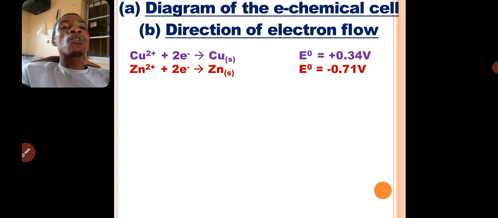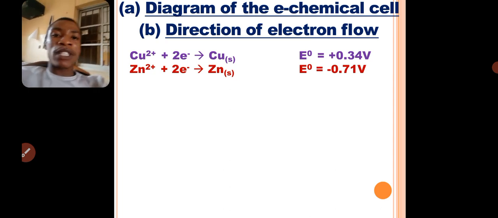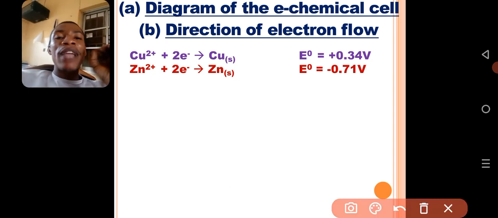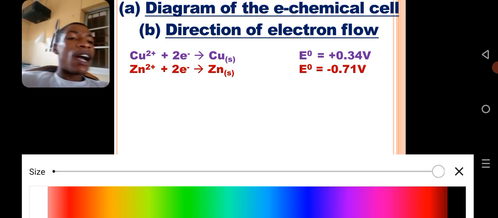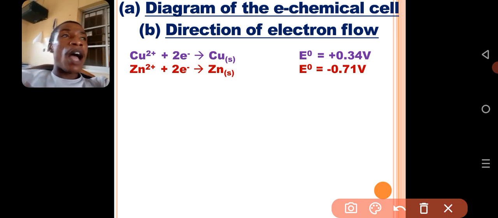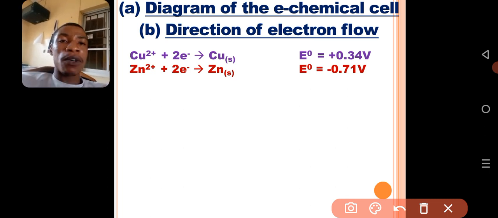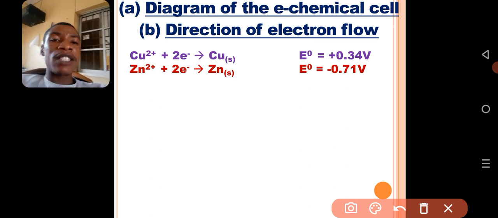So the first thing is to write the diagram of the electrochemical cell. Now don't forget that we have two cells in this place. We have the copper half cell and we have the zinc half cell. So let's move.